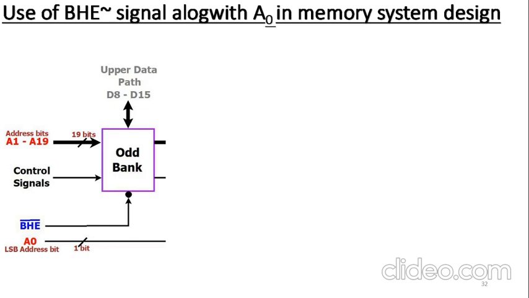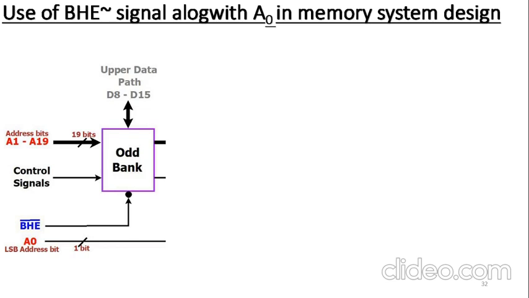Now here, the full form of BHE bar is bus high enable. When the signal is active, the odd bank will be enabled and transfer of data will be through the higher data path, D8 to D15. So enabling of the higher data path is possible by using the BHE bar signal, bus high enable signal. That's why the name.